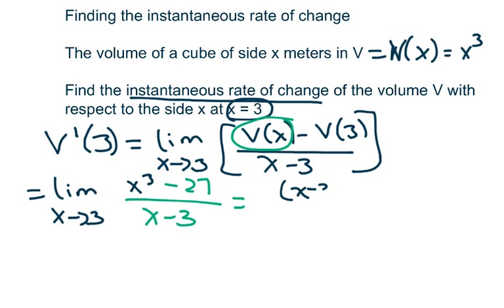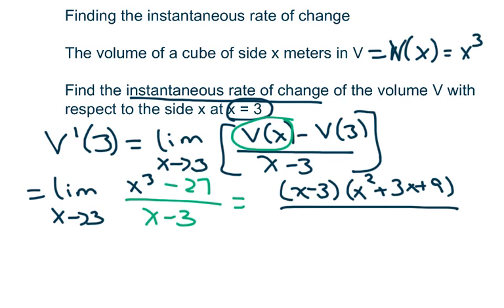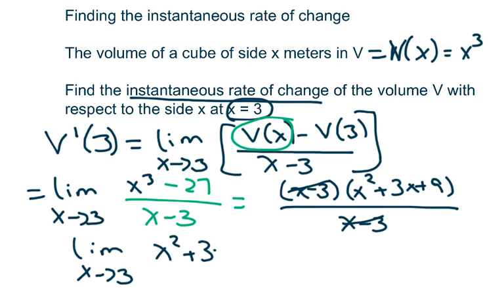I'm going to get x minus 3 times x squared plus 3x plus 9 over x minus 3. Cancel that out. Take the limit as x approaches 3 of x squared plus 3x plus 9. And that's going to yield 27.